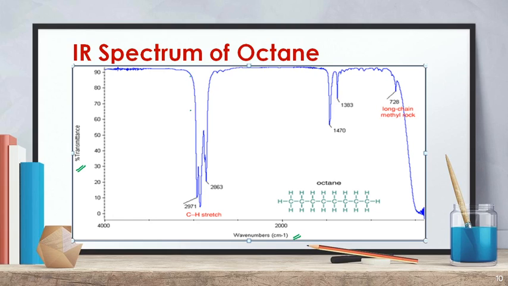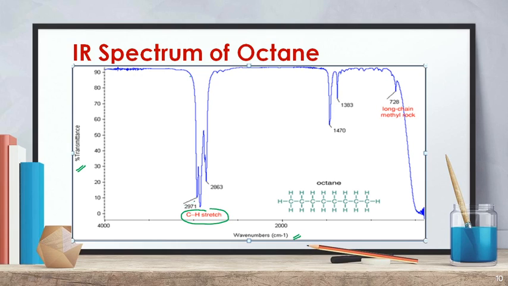Whenever you reach here, suddenly the peak is present and this has low transmittance. Low transmittance means here you see the transmittance is less than 10. A percentage transmittance of less than 10 means almost the maximum amount of radiation is absorbed here, and this region is responsible for CH stretching.